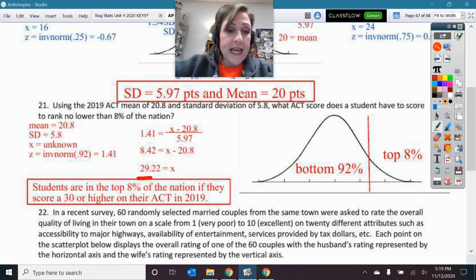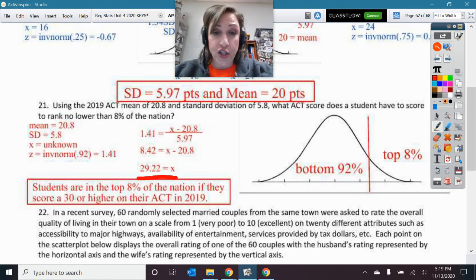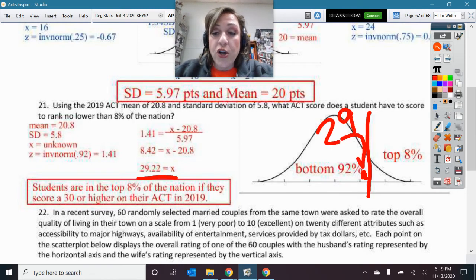If you got a 29 on your ACT, then you are about right here. You are below this line right here. If you get a 29 on your ACT, you are not in the top 8%.